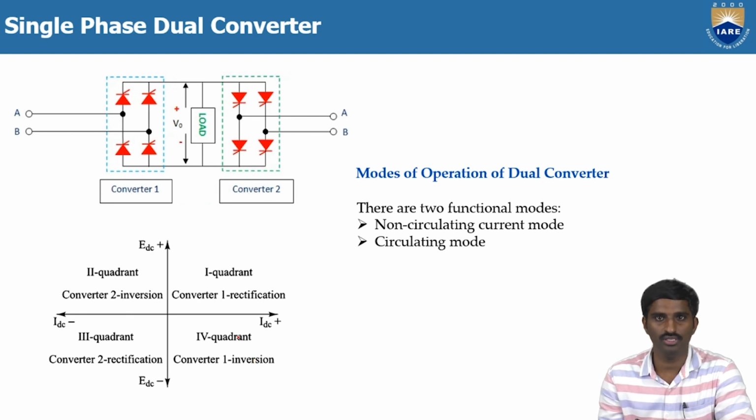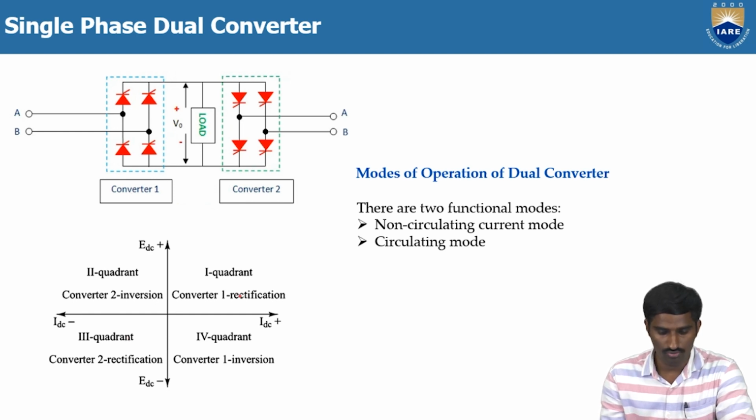Similarly, converter 2 operates in inversion mode in the second quadrant, and in the third quadrant it performs in rectification mode.